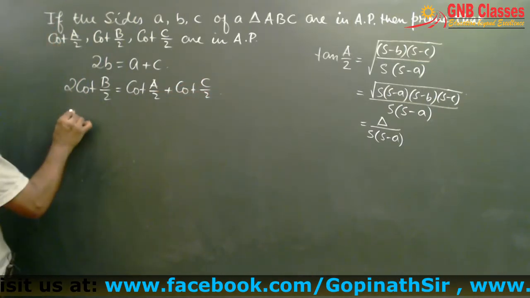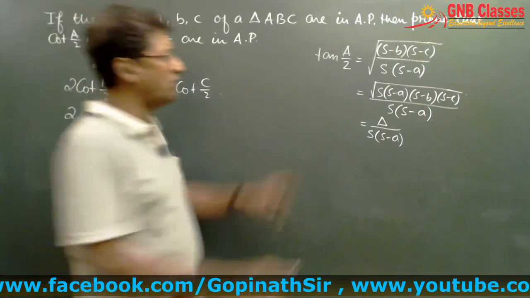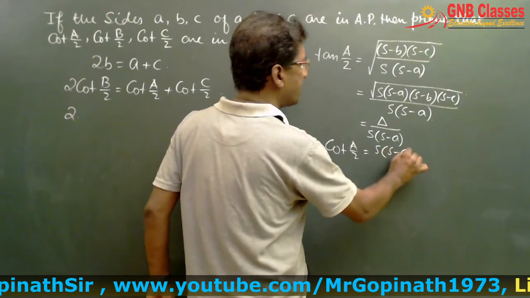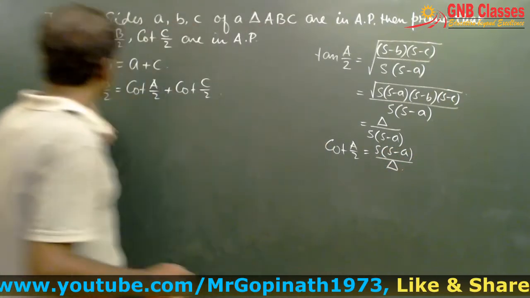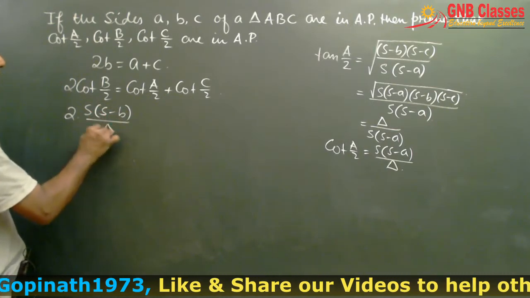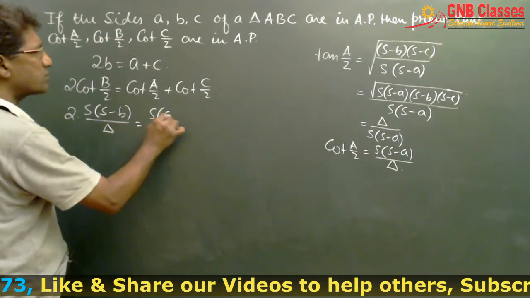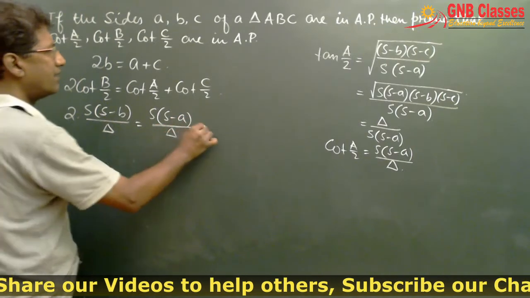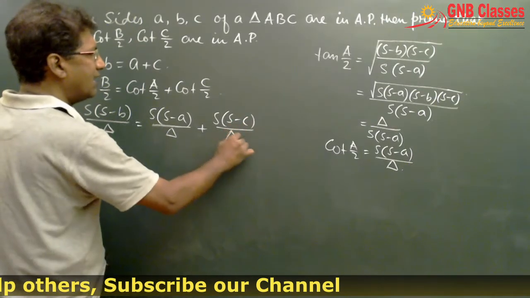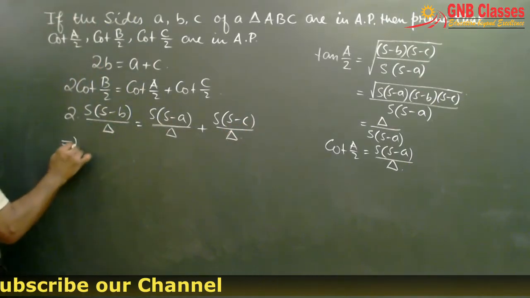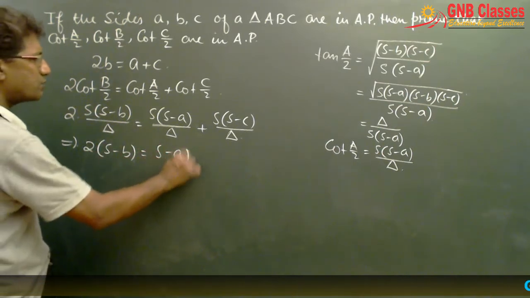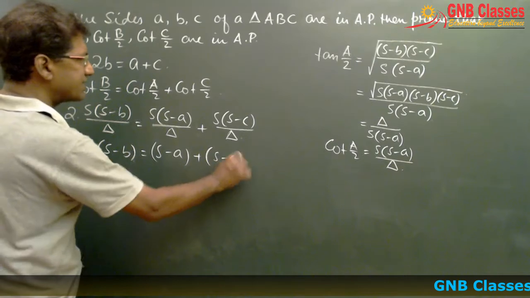Now cot B by 2 can be written, from this formula, as s(s minus b) by del, and cot A by 2 is s(s minus a) by del, and cot C by 2 is s(s minus c) by del. Okay, so we are getting 2 times (s minus b) equals (s minus a) plus (s minus c).